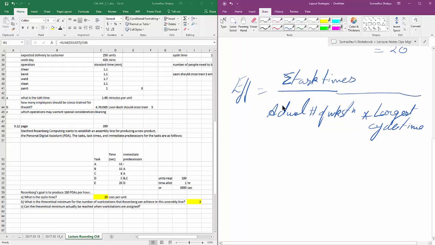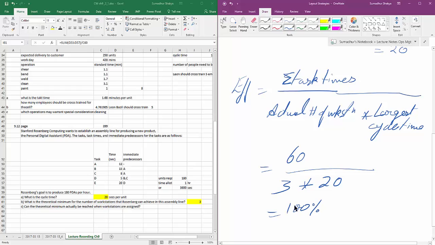So theoretically, if we were to calculate the efficiency for this one, the summation of all of these tasks is 60 seconds, divided by the actual number of workstations, which we calculated as 3, times the largest cycle time, which is 20. So in this case, if we were to achieve this, then our theoretical efficiency would be 100%.